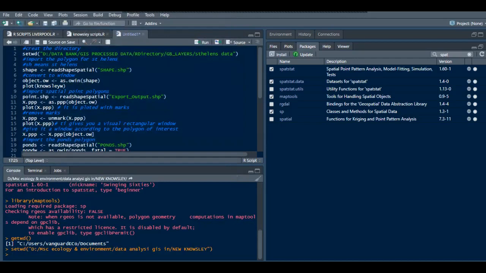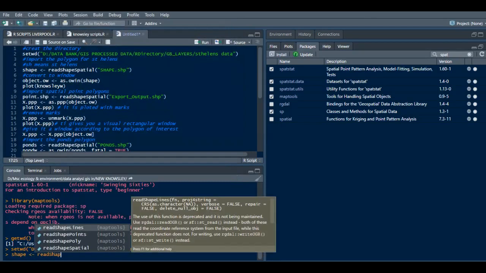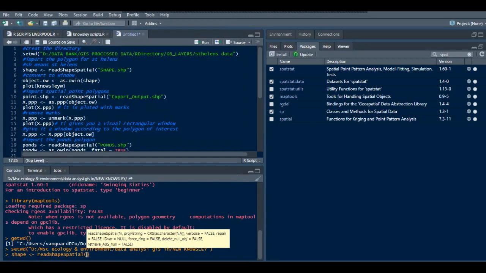I prefer writing the code. So when we say shape, we are going to import a polygon, which is going to act as a window for our point patterns. And what we do is we use this function, readShapeSpatial, with the name of the shape.